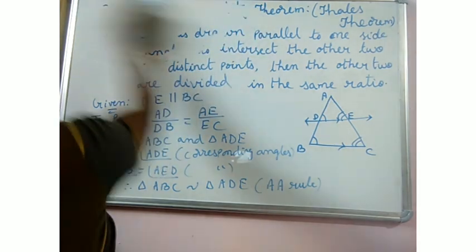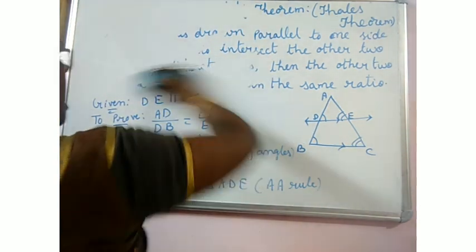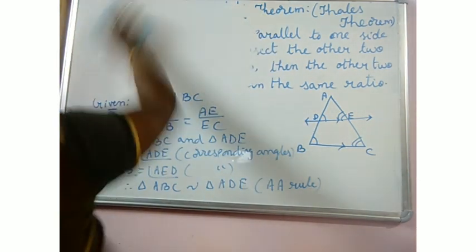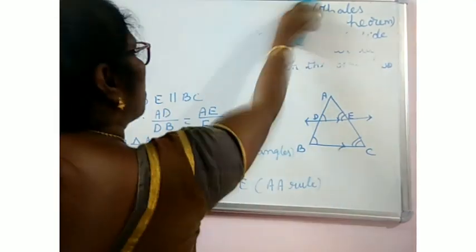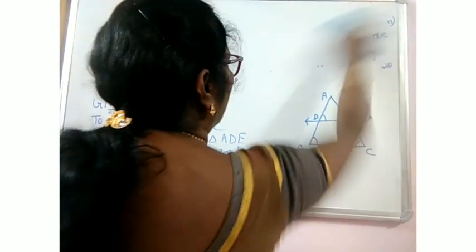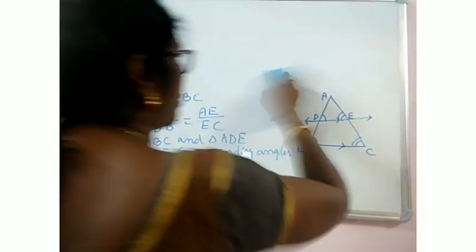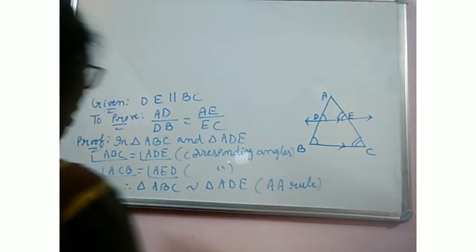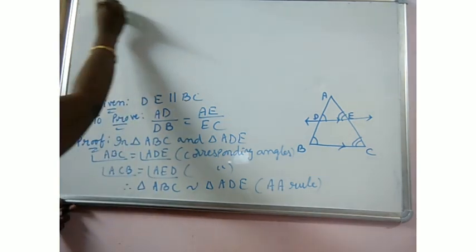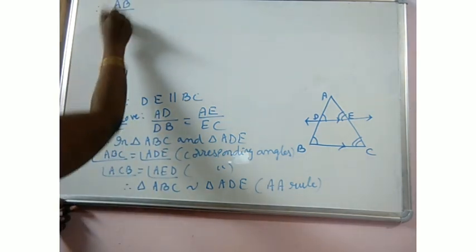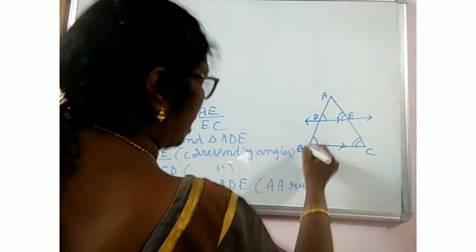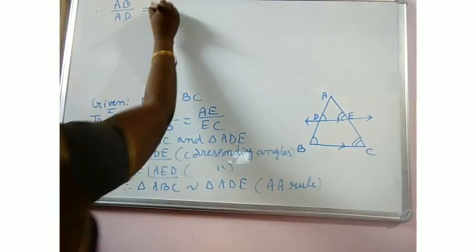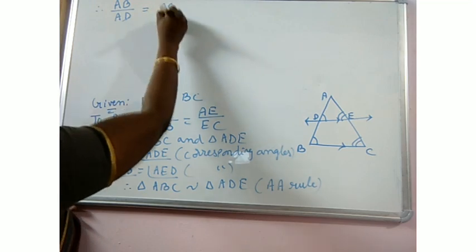So now we have shown that these two triangles are similar. Triangle ABC is similar to triangle ADE. Once two triangles are similar, their sides are proportional to each other. Therefore AB by AD equal to AC by AE.